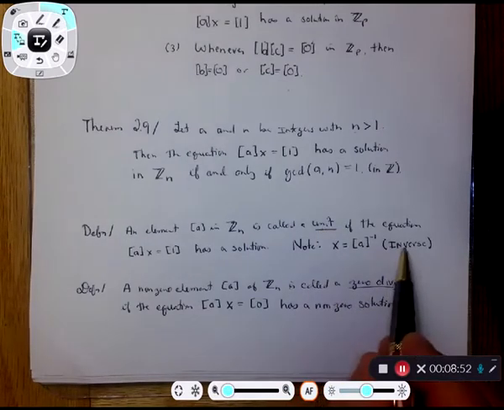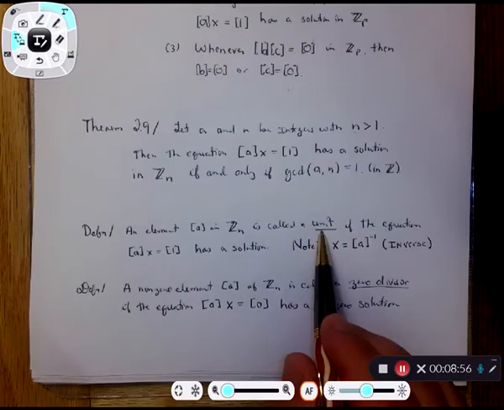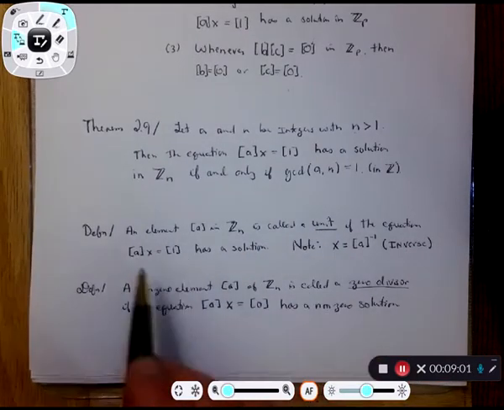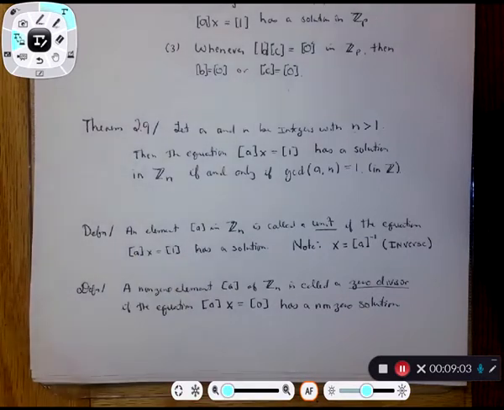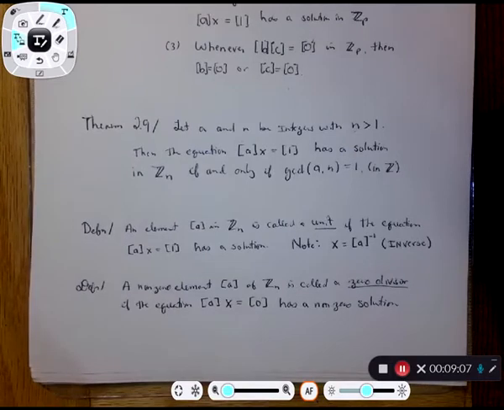We don't typically call it the multiplicative inverse, too many words. We call it a unit. If an element is a unit, it has a multiplicative inverse. You're going to be able to solve this equation, A times X equals 1, and you can find an X that solves it. And that X really is that multiplicative inverse.